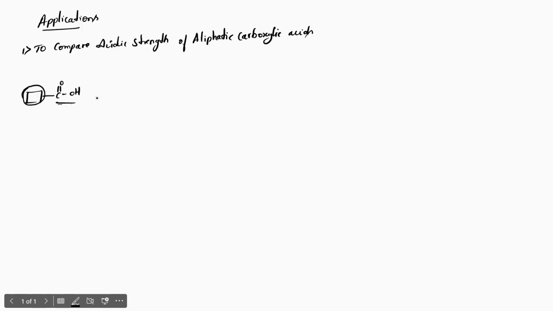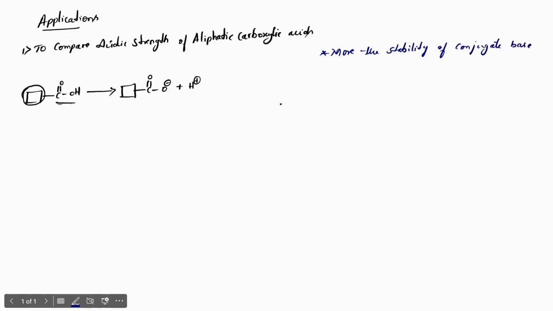This carboxylic acid is a good proton donor and donates the proton and becomes C double bond O, CO minus plus H plus. We should know that more the stability of conjugate base, more will be the acidic strength.